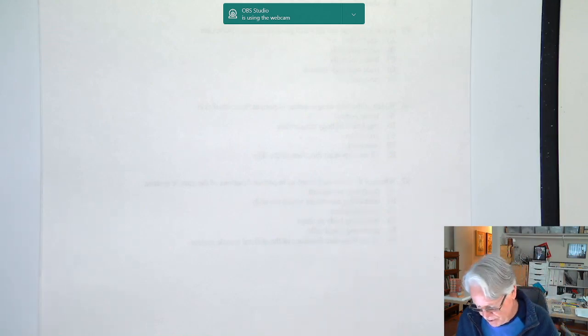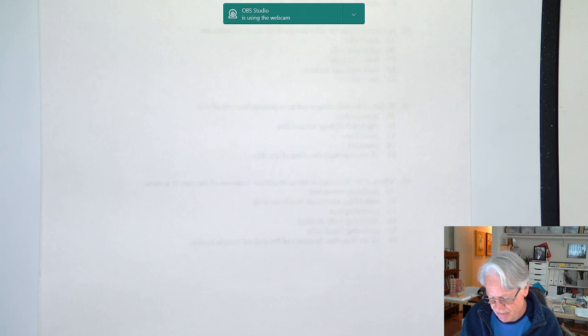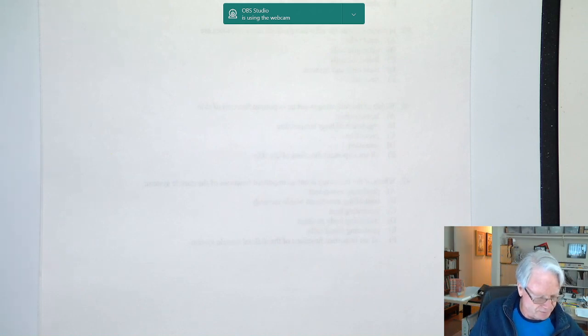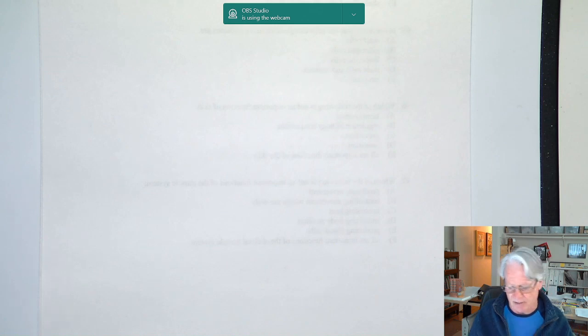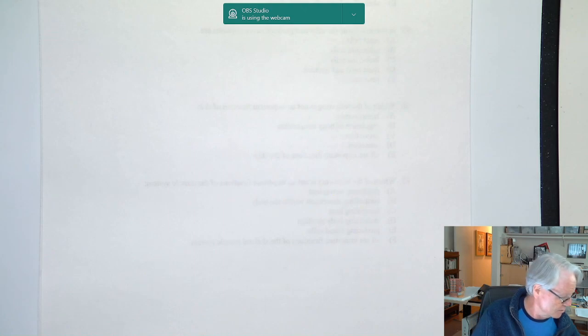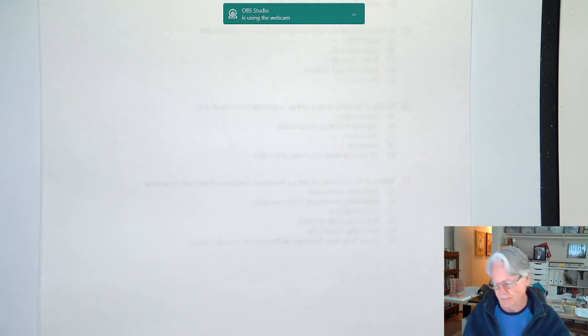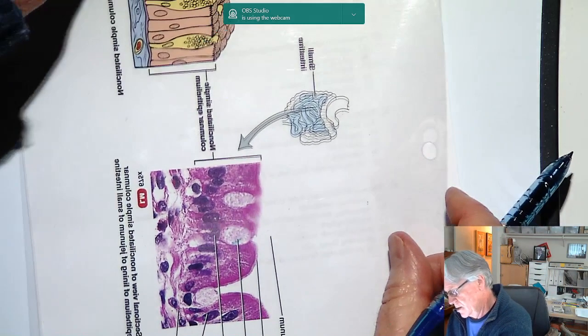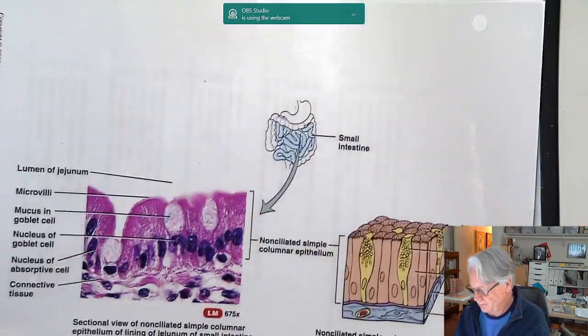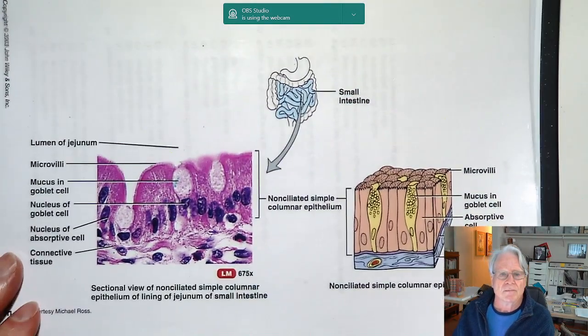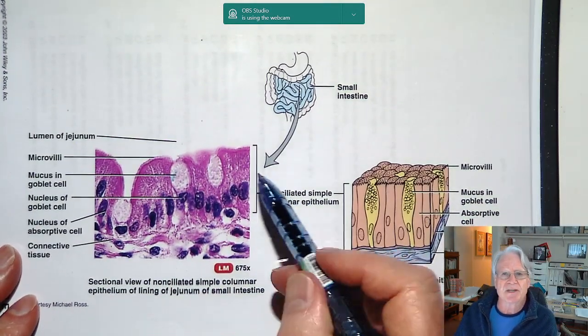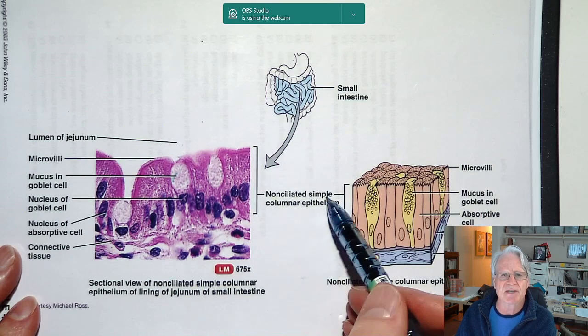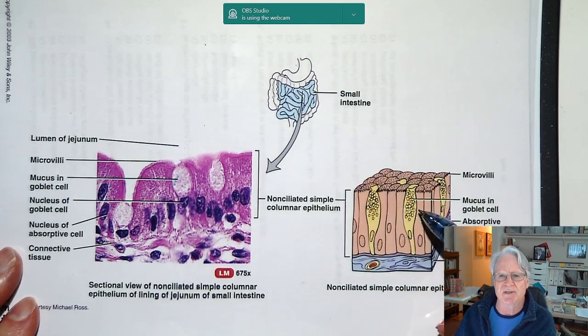All right, let's take a look at an example then of this. And lo and behold, it is going to be from the digestive tract. Okay. So, small intestine, non-ciliated simple columnar epithelium cells. You can see the goblet cells.